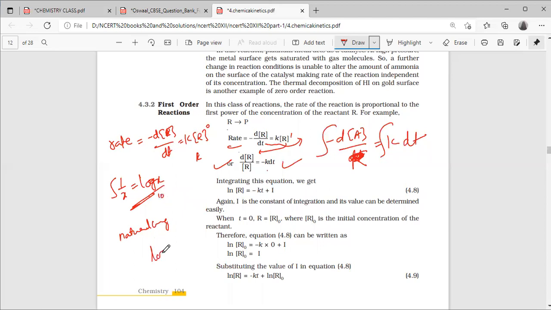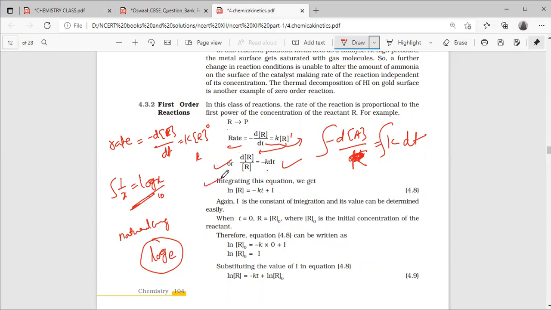Natural logarithm is log base e. In chemistry, we will always take the natural logarithm only, so the symbol is simply ln. Formulas are the same: integration of 1 by x is log x, here ln x. That is the only difference; only the base is different.